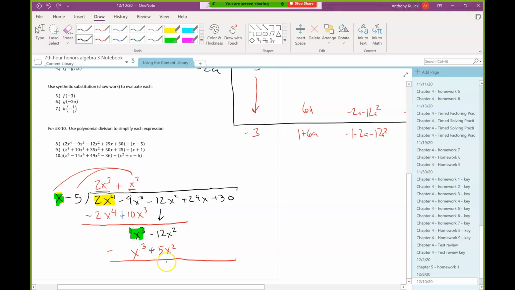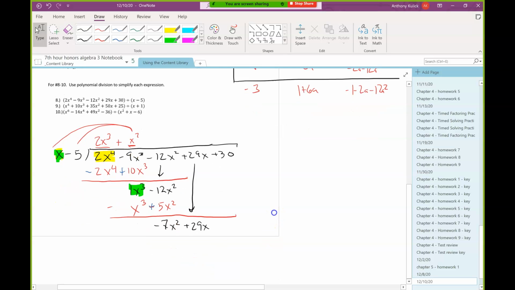Negative 12x squared plus 5x squared is negative 7x squared. And we'll bring our next piece down. And then go back to the top. Ask ourselves how many times does x go into negative 7x squared? Well, negative 7x, because negative 7x times x gives me negative 7x squared.